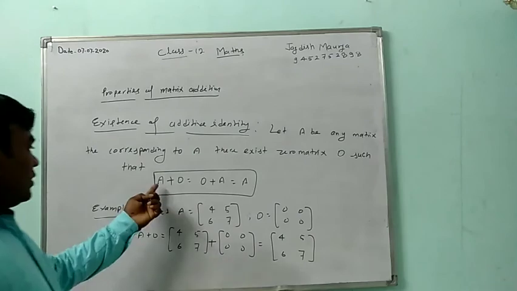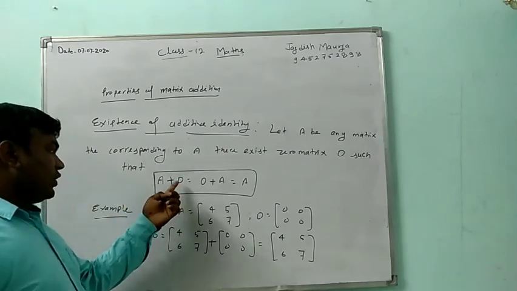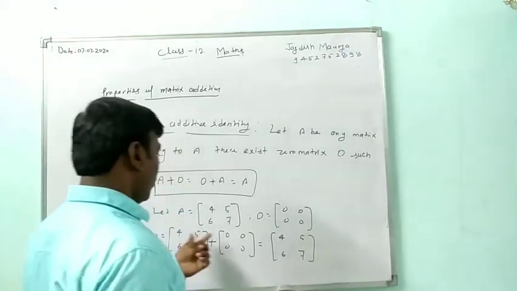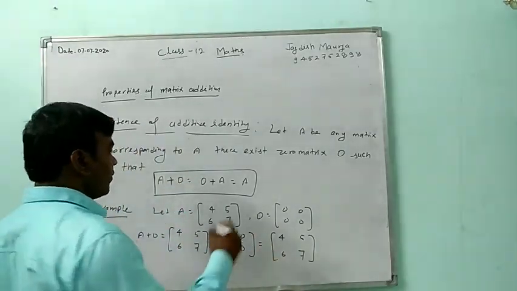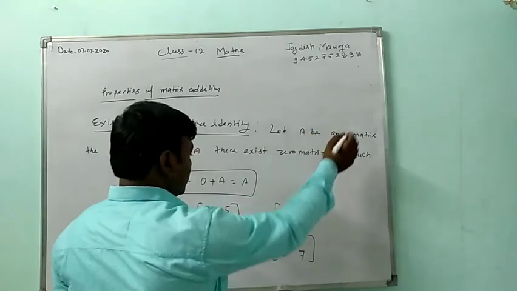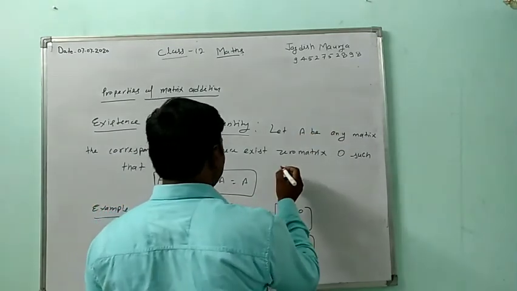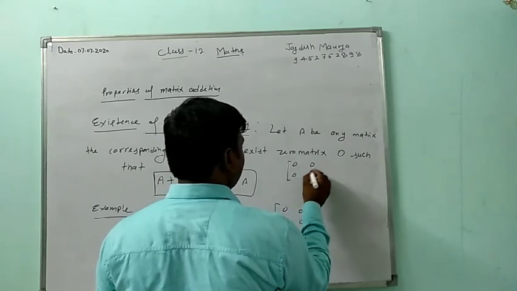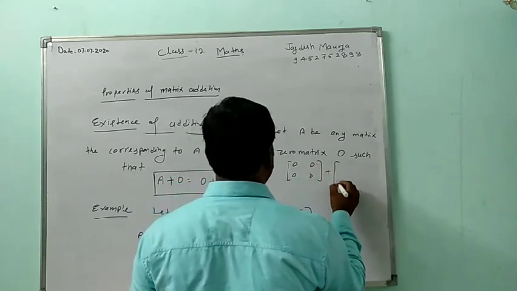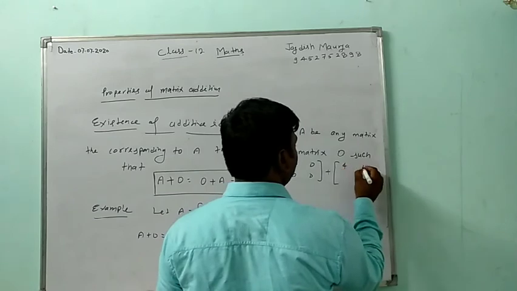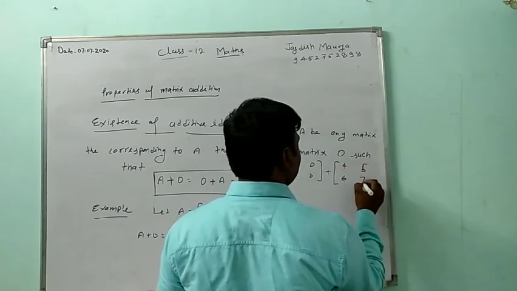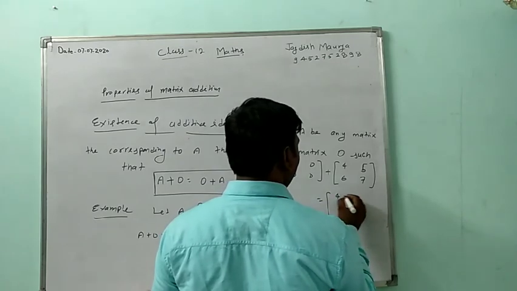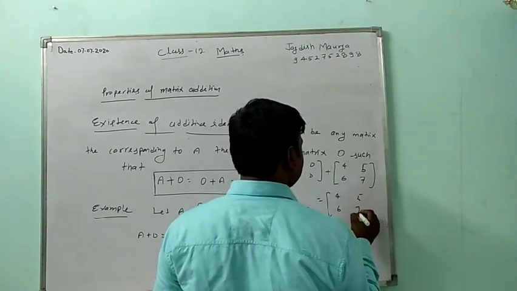When we add a zero matrix in any matrix, the same matrix is obtained, 4, 5, 6, 7. Similarly, here if we add 0, 0, 0, 0 plus 4, 5, 6, 7, this will come 4, 5, 6, 7.